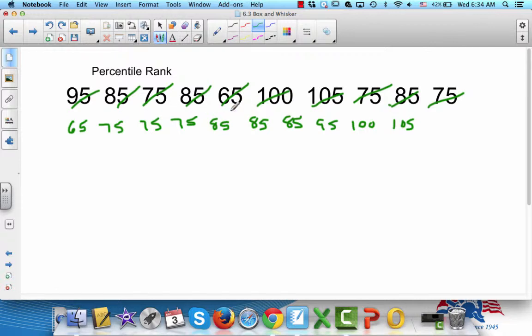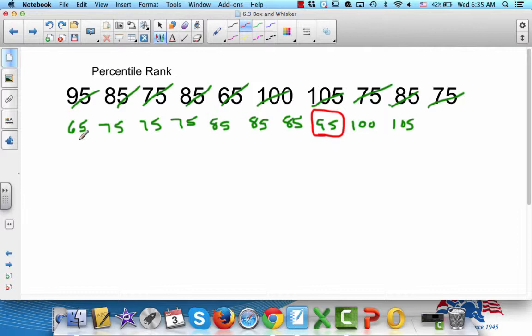And let's say that you scored a 95. What was your percentile rank in this class of people that took a test, and these were the scores on the test? Your percentile rank is determined by how many scores were less than or equal to your score.